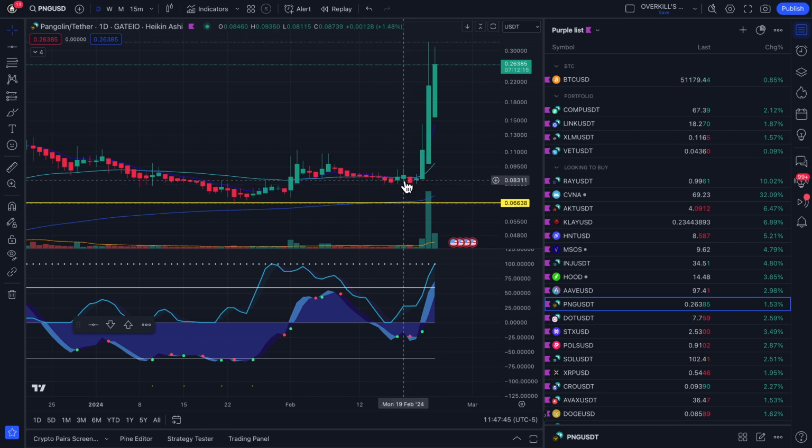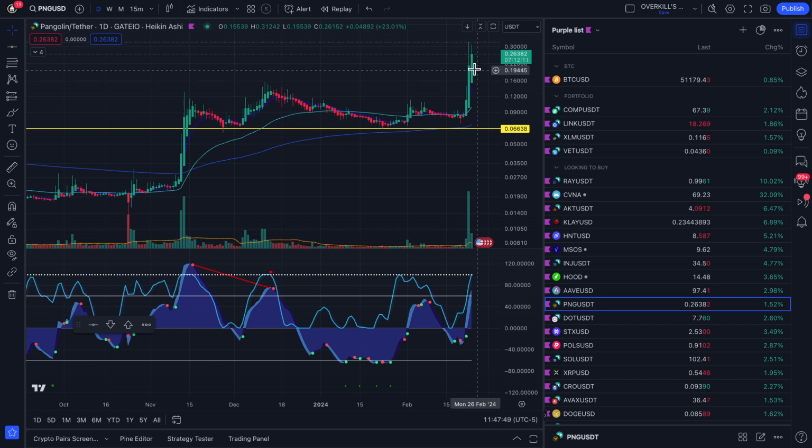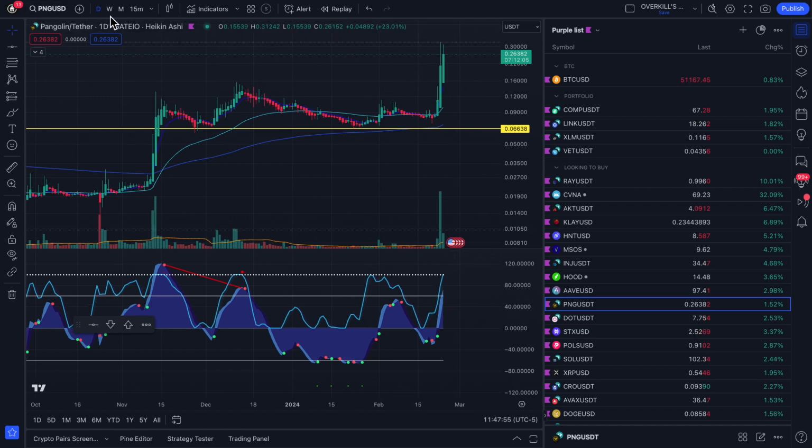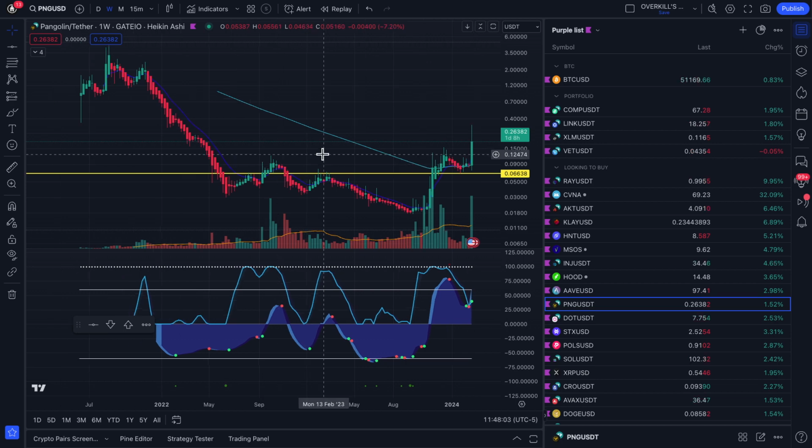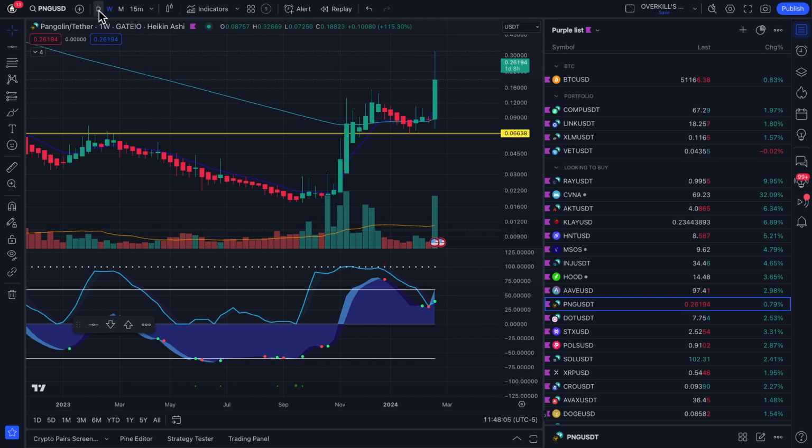That's what I called out. I'm like, hey, PNG is going to rip. Here's the stop loss, and you guys saw what happened. I mean, we absolutely freaking annihilated that trade. We absolutely freaking killed that trade. Like, that was on point. That was just the craziest thing I've ever seen in my life. I didn't think it was going to happen that fast.